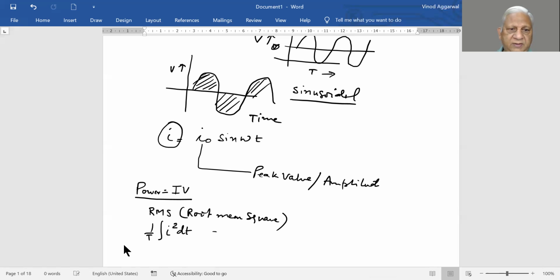This will give us the average square value. So we find the average square of the instantaneous value over a time, and then we take the square root of this value. This becomes the RMS value.